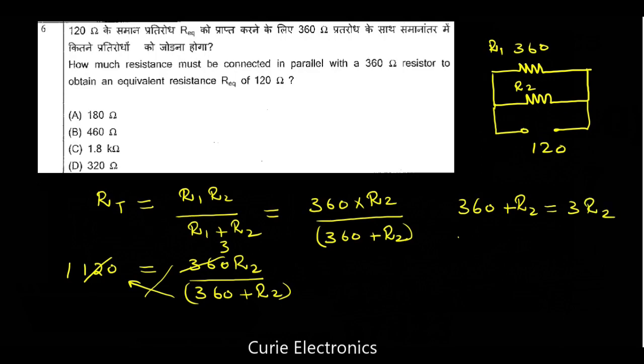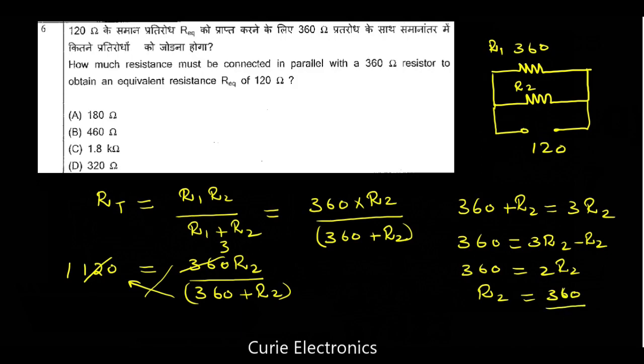Now I take R2 to the right side, so 360 equals 3R2 minus R2, that is 2R2. So R2 equals 360 upon 2, which is 180 ohm. So if we connect 180 ohm and 360 ohm in parallel, you will get an equivalent value of 120.